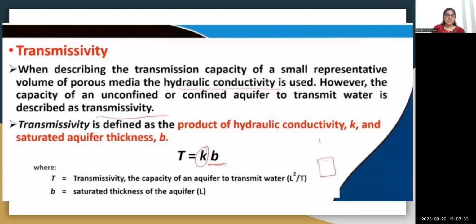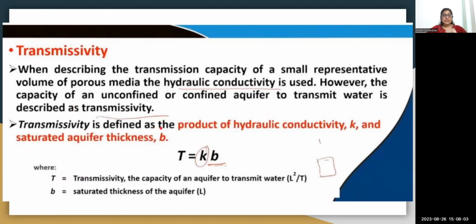As you can see here, a small representative volume of the porous media is taken, and the ease with which water can flow through it is represented by transmissivity. So if permeability is a property, transmissivity quantifies the capacity with which water can be transmitted through it.